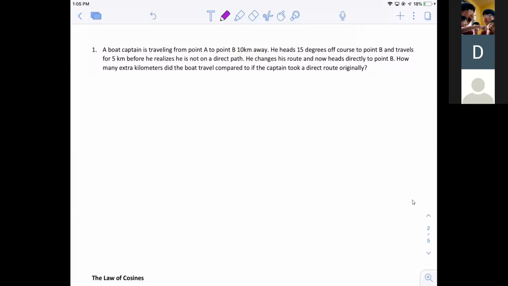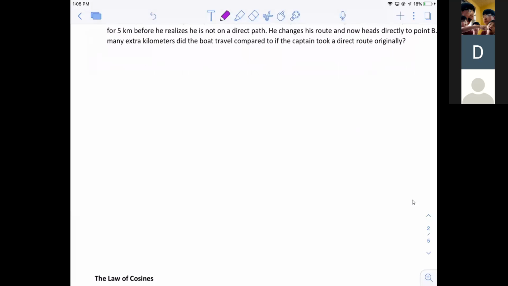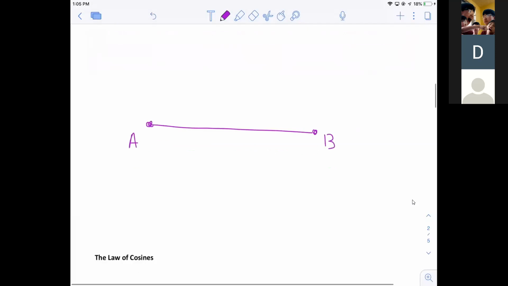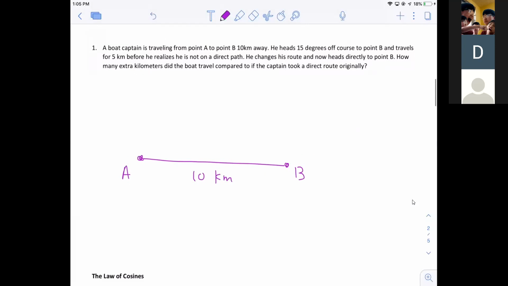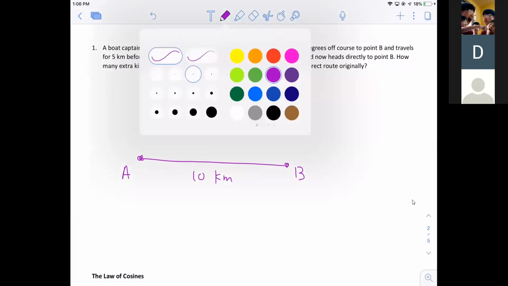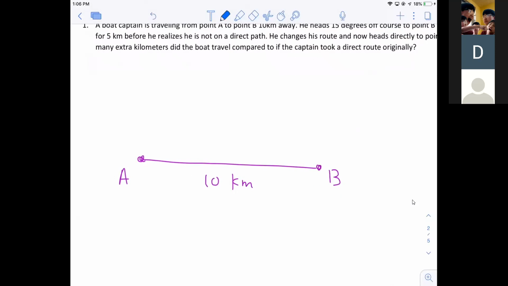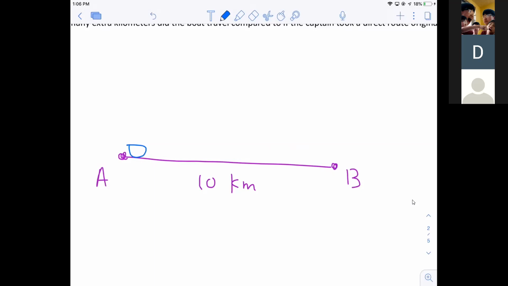So a boat captain is traveling from point A to point B, 10 kilometers away. He heads 15 degrees off course to point B and travels for 5 kilometers before he realizes he is not on a direct path. Optimally, if you're on a ship, you want to travel straight across like that, but he's going 15 degrees off course, like so.